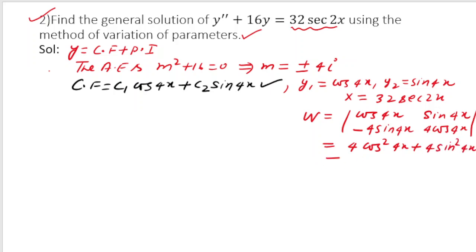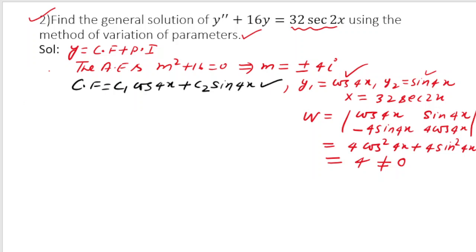So this will become 4, because cos square 4x plus sin square 4x is 1, and this is not equal to 0. We know that the Wronskian will not be equal to 0 because we are taking two linearly independent solutions.